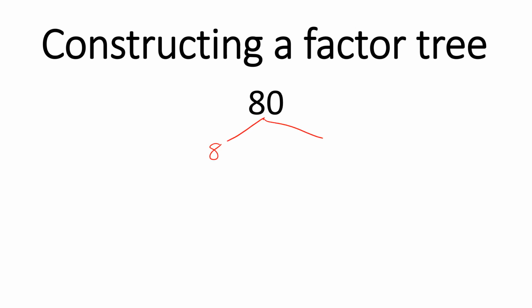So 8 times 10 equals 80. What 2 numbers multiply together to equal 8? 4 and 2. So we'll go with 4 and 2.